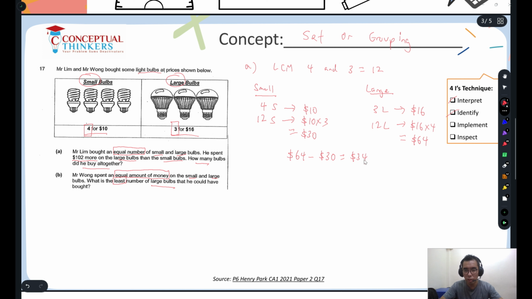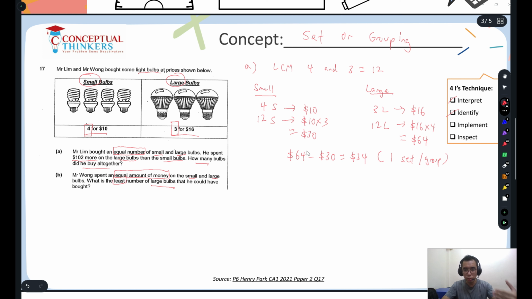Now this $34 is equal to one set, or you can call it one group. Why do we call it one set? Because this $102 is built up by multiples of 34. The next common multiple will give me another difference.